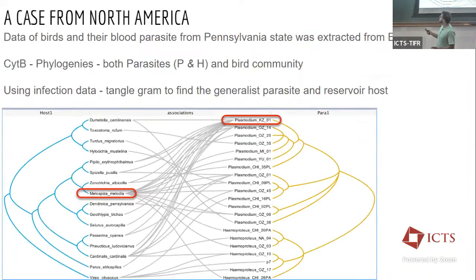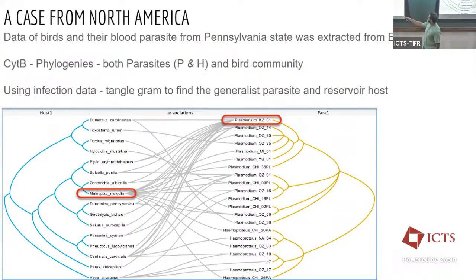So look at this. This is a simple case from North America, a simple study looking at different parasites and different birds, and this is called a tanglegram. You have a host phylogeny, these are all the birds that are sampled and how evolutionarily related they are. Then you have a parasite phylogeny, and it simply matches the pairs: this parasite is found in all these birds, and it connects them.